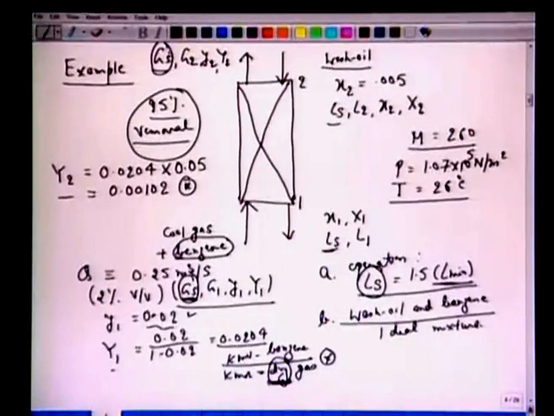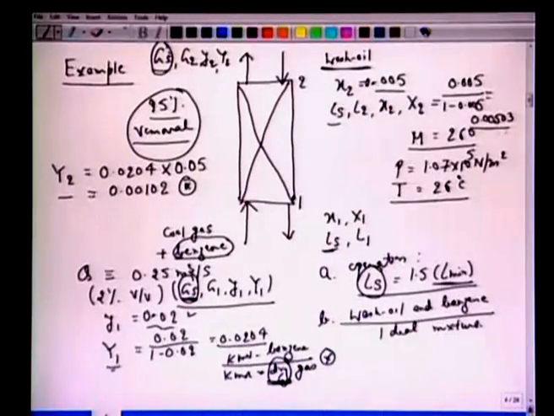So now we know Y2, we know Y1. Small x2 is given as 0.005 mole fraction. The wash oil is not pure, it contains a very small amount of benzene. We will talk about this in the next example, but let's find capital X2 here. Capital X2 would be 0.005 over 1 minus 0.005, on a solute-free basis, and this would be 0.00503.